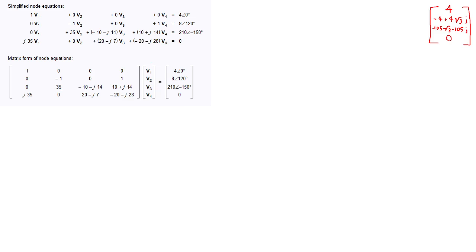All right. So in our bottom rows here, there's a j35 in front of V1. And what's nice about this row right here is V1 is the only component in this position. So if I take the top equation and multiply it by j35, I'm going to get j35.